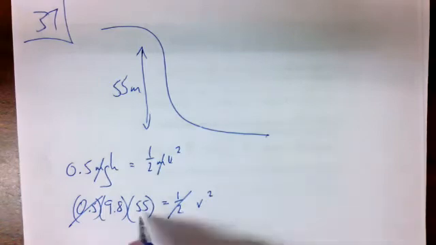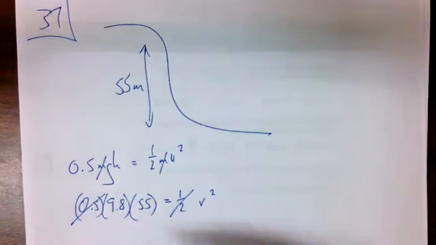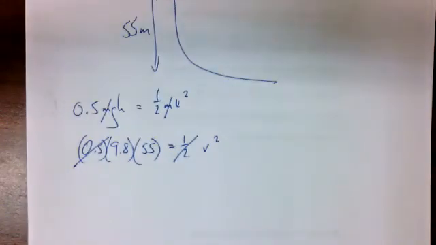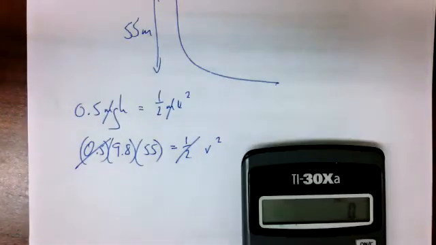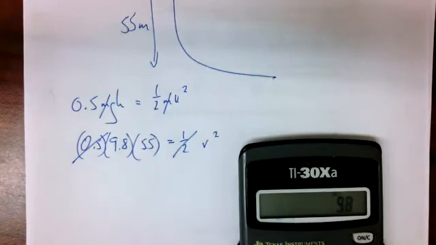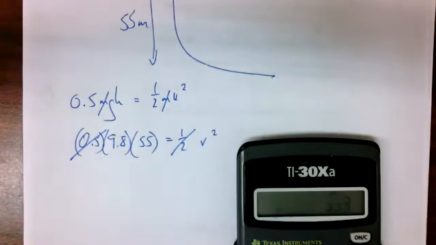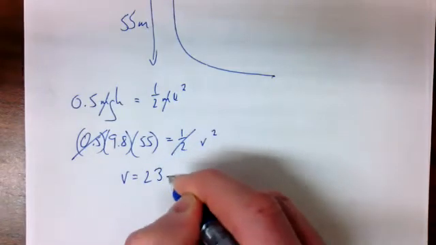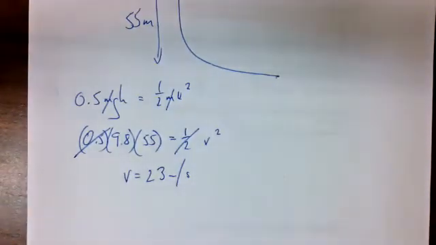That's v squared. So 9.8 times 55, you get the root of that and you have your speed. Well, that was a lot easier. 23 is what I got. I think that's right.